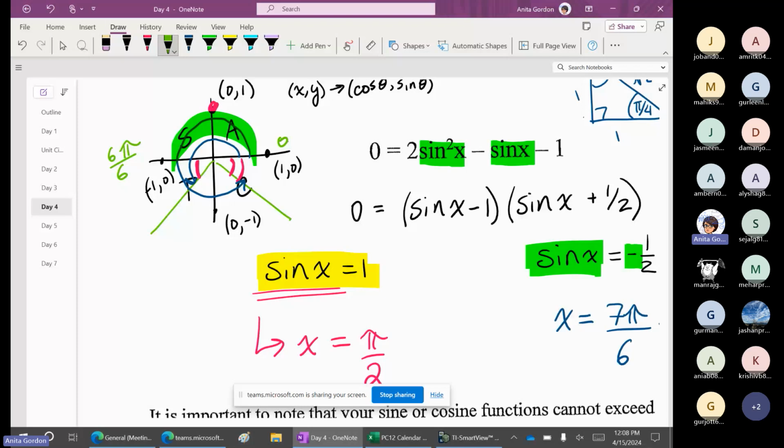A full rotation all the way around is 2 pi, or 12 pi by 6. So to get to this angle, I need 6 pi by 6 plus 1 more, so 7. And then same going all the way. All the way is 12 pi by 6, minus 1 is 11 pi by 6.